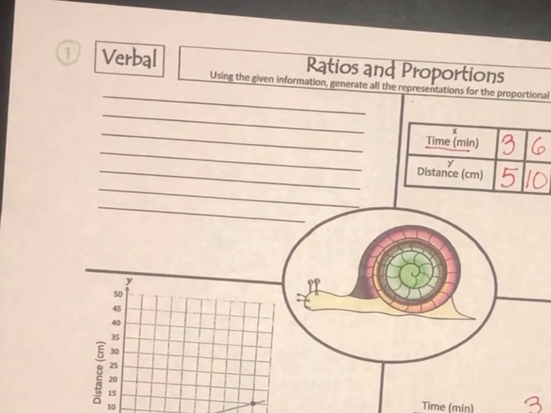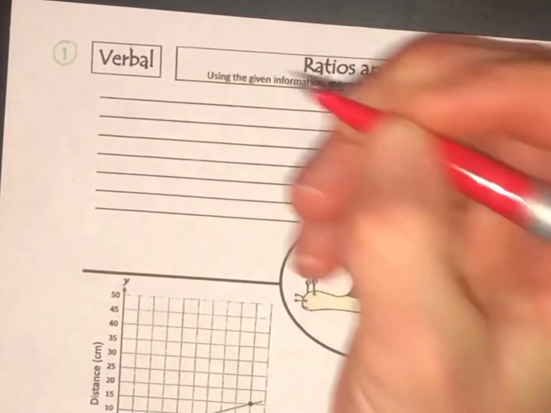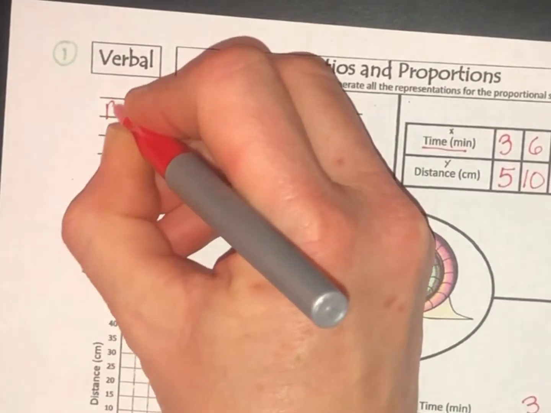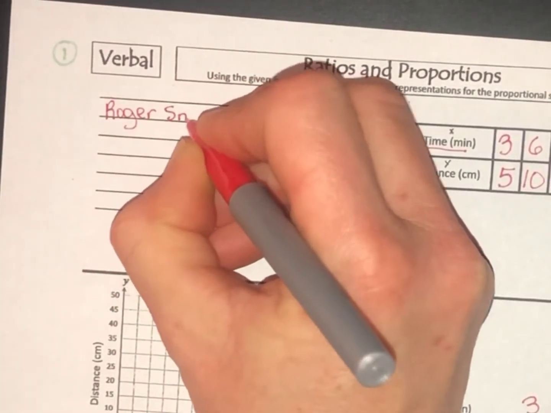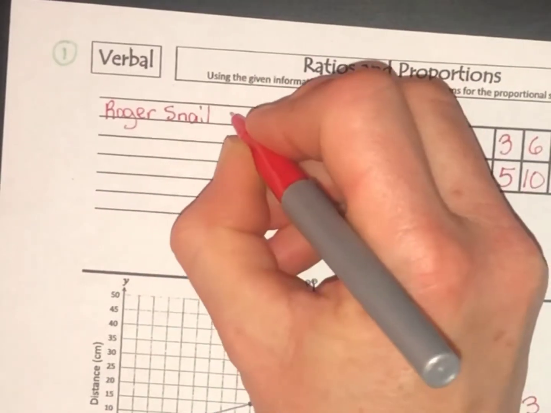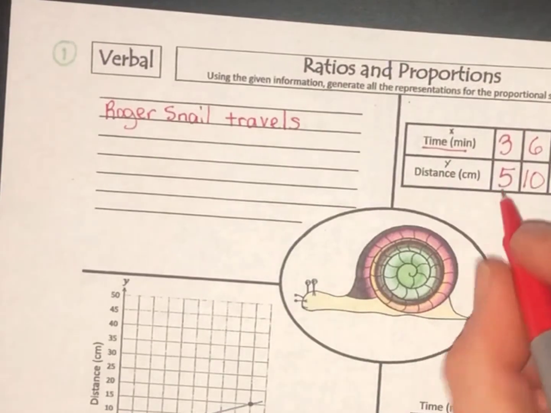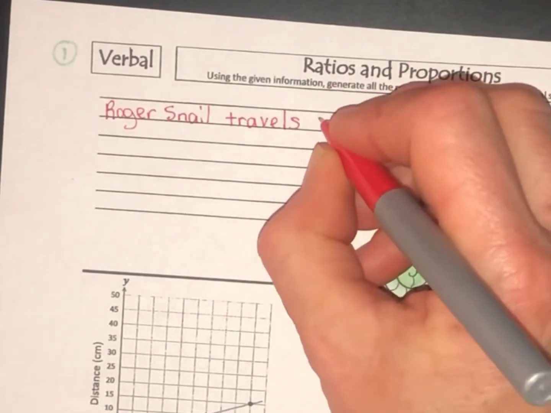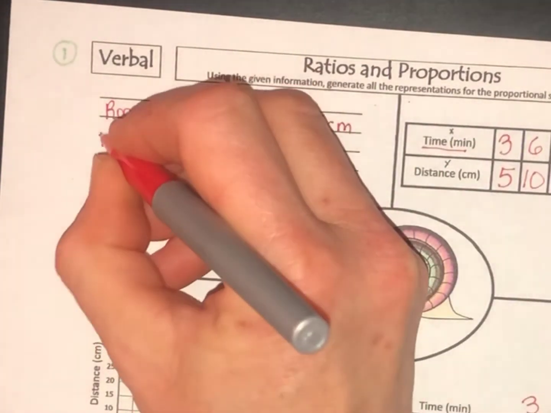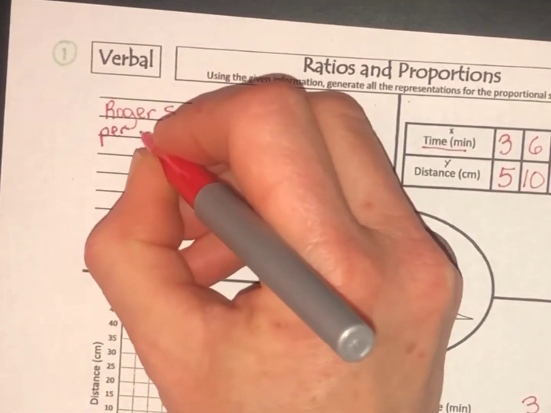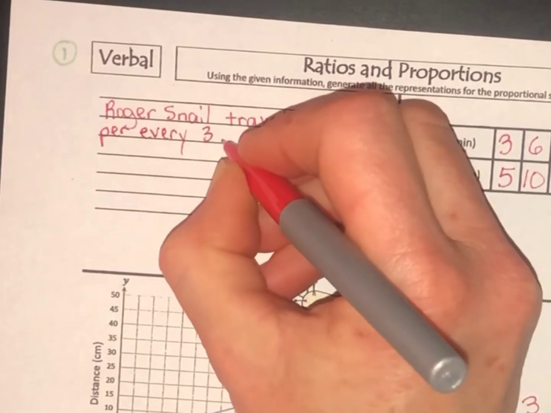Let's say that our snail, we'll call him Roger, travels, let's see, 5 centimeters per every 3 minutes.